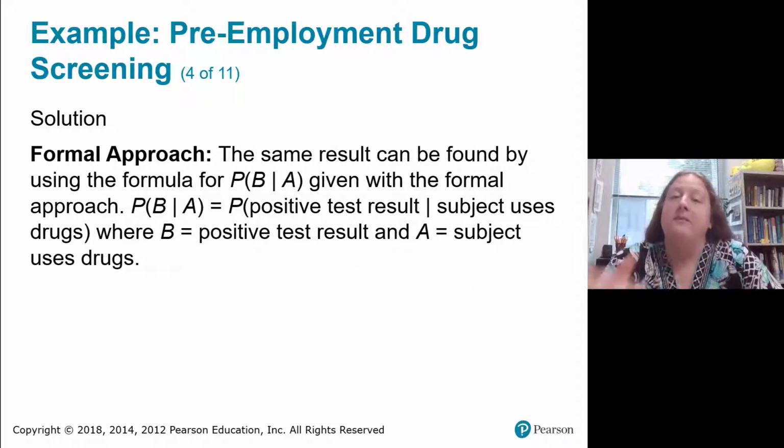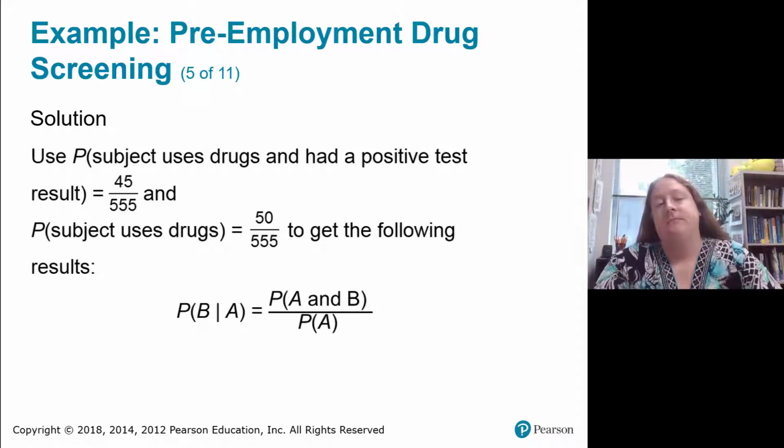So let's take a look at the formal approach instead. The formal approach says that we need to find the probability of A and B and the probability of A and do some division. So the probability of A and B is 45 out of 555. That's the probability that subjects used drugs and had a positive test result. That's 45 people out of the 555 total subjects.